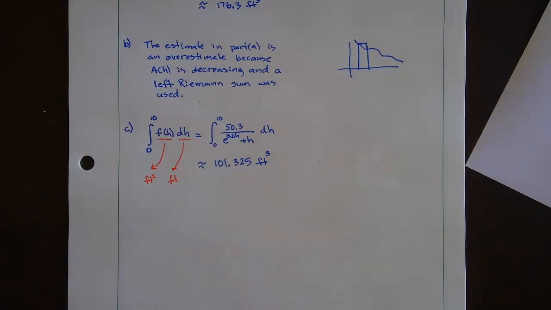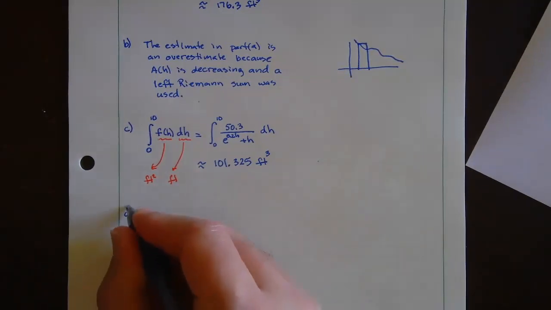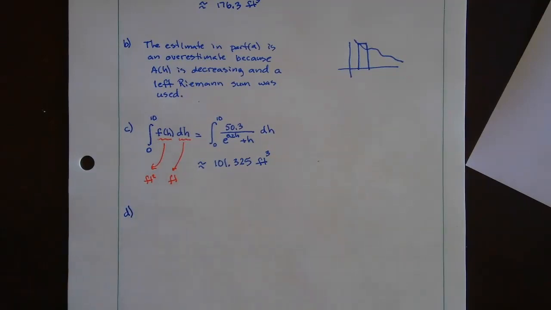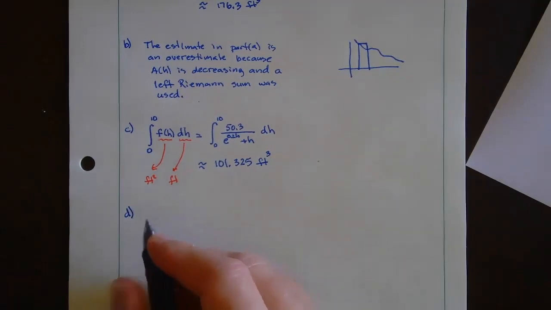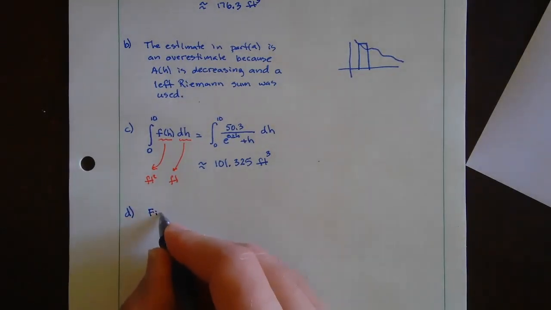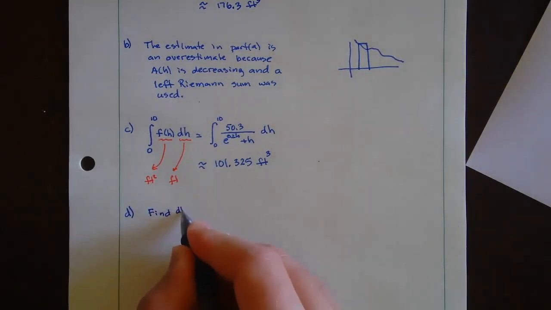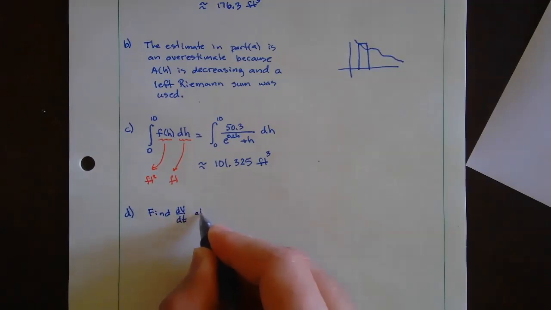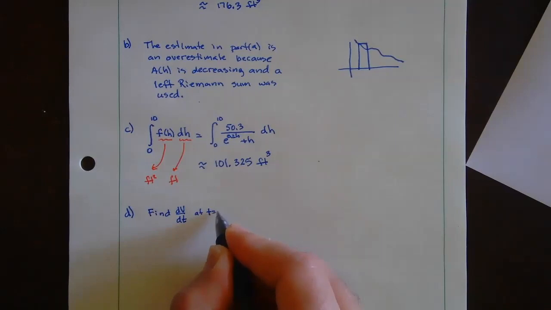Okay, so what's hard about this problem is, and that's why you heard me hesitate there, I had to think a little bit. We're trying to find dV dt at h equals 5.